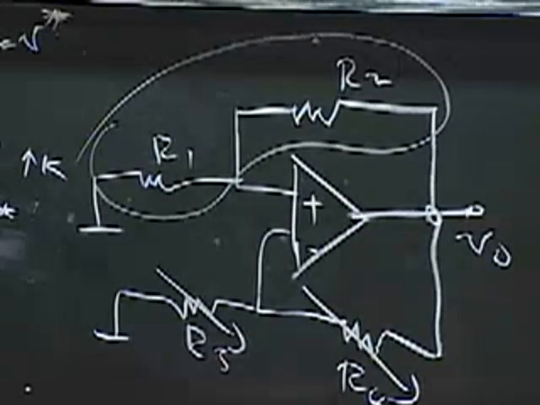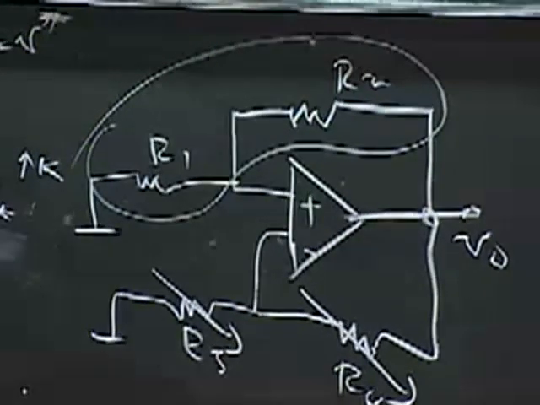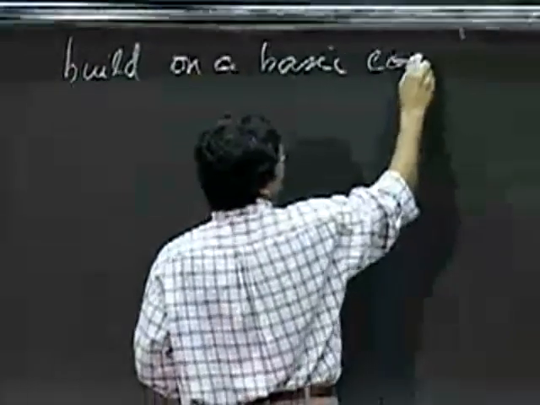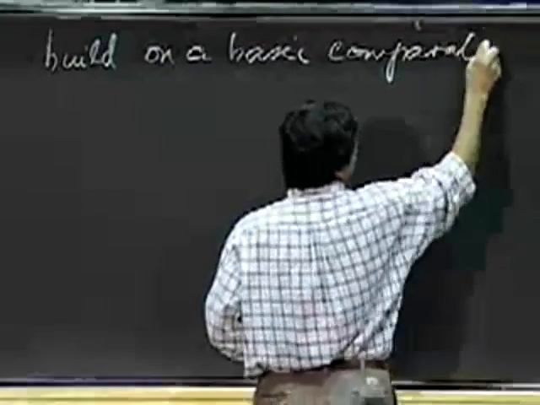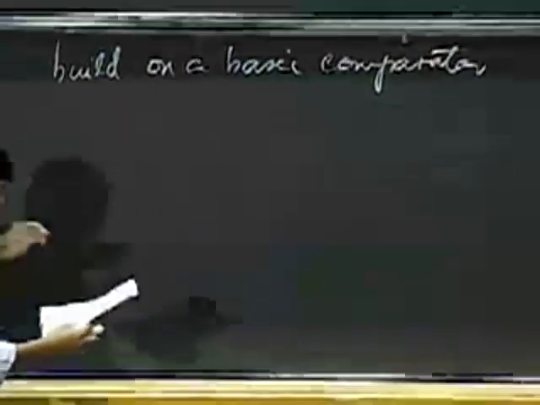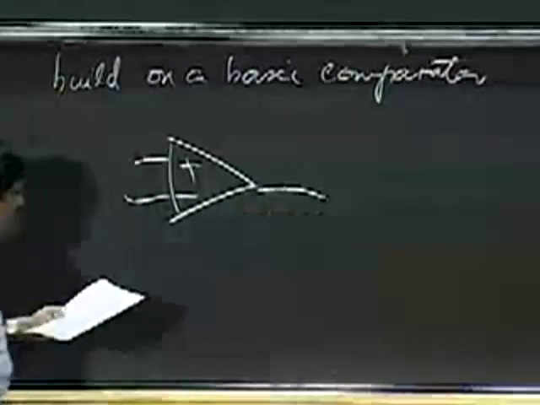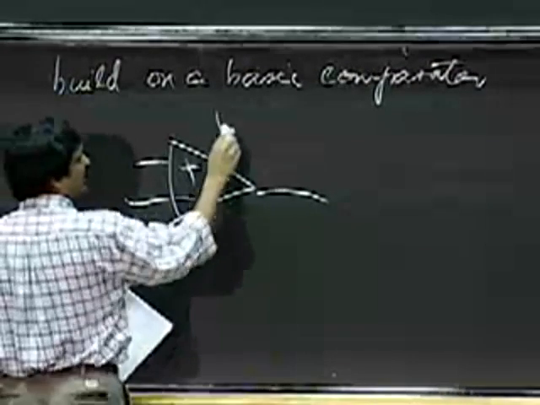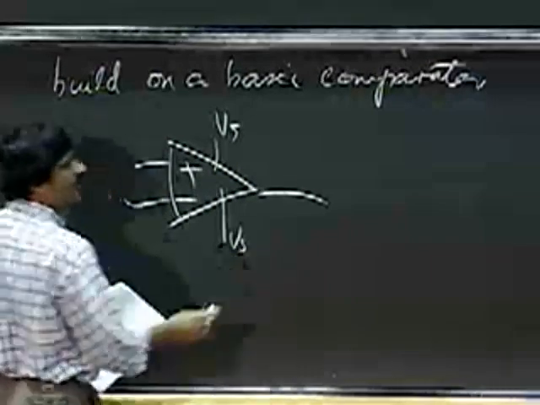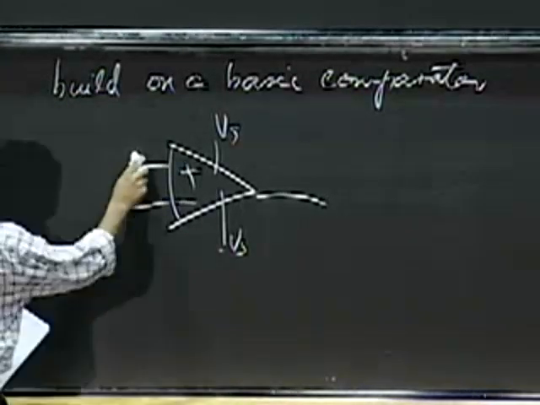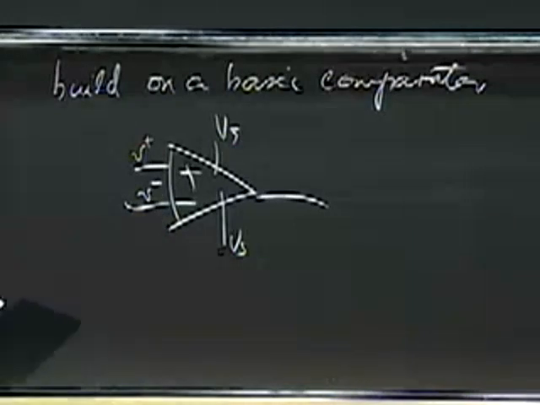So what you're going to do, build on a circuit called the basic comparator. And what is that? If I have an op-amp that looks like this, and remember a VS rail and minus VS supply there, this is V plus, this is V minus.